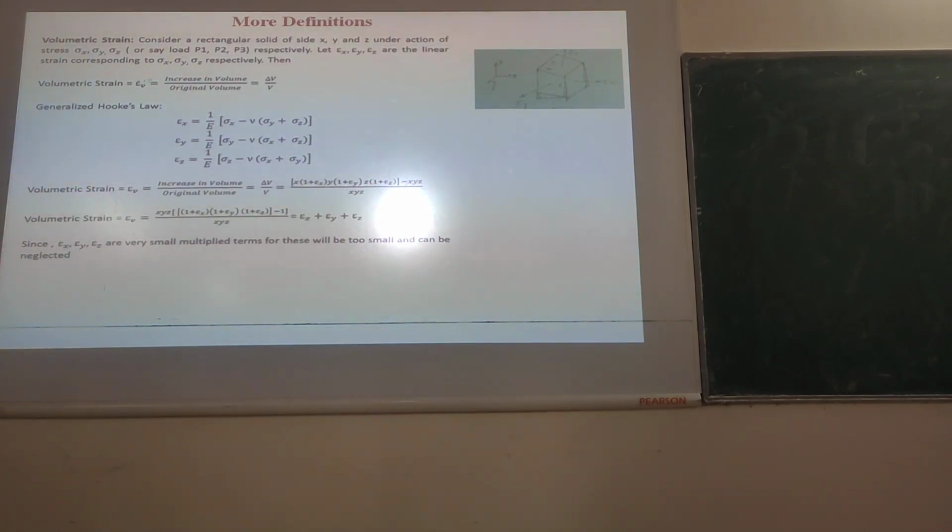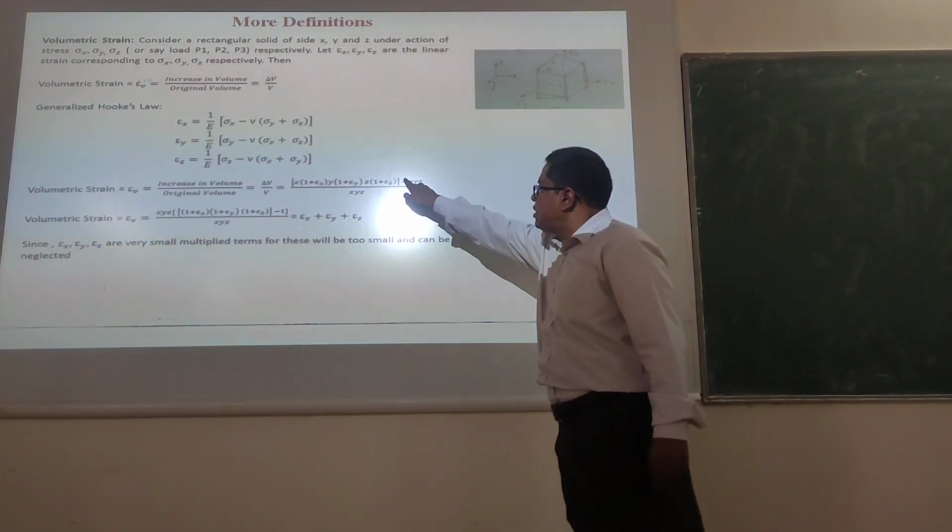The original volume of the body, say it's a cube or it can be a parallelepiped shape, will be x into y into z. If the dimensions x, y, z are different, then the volume is still x, y, z, a into b into c. So this is my original volume.